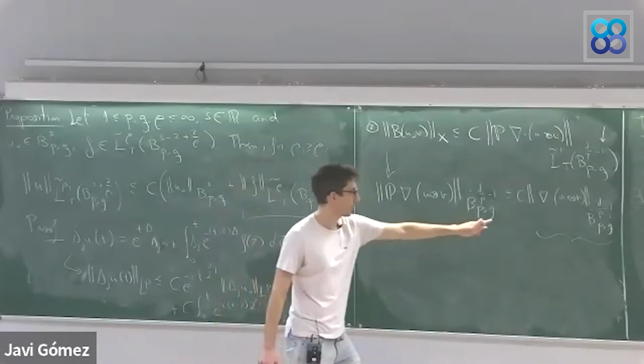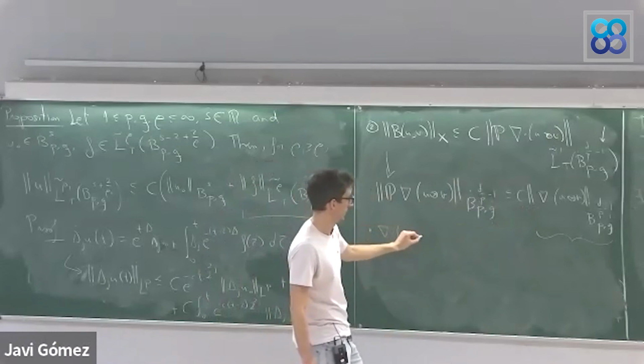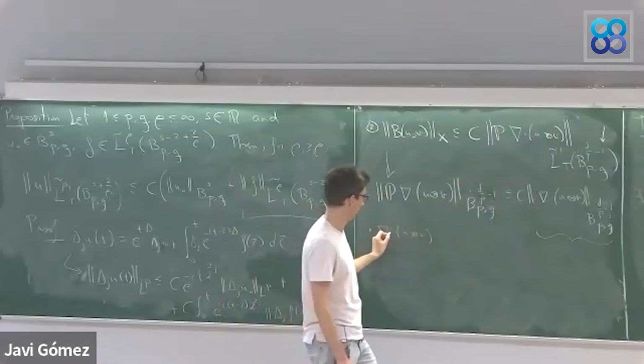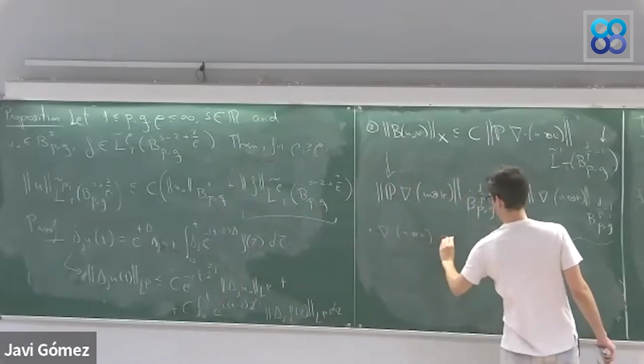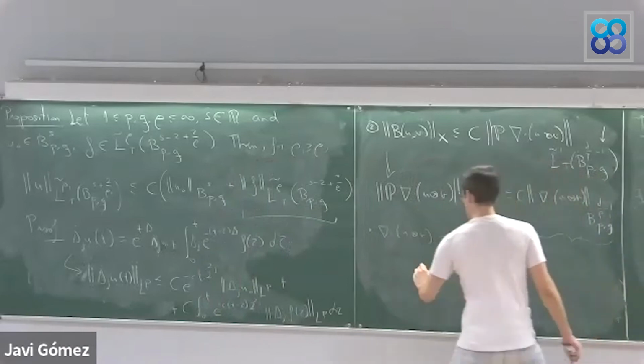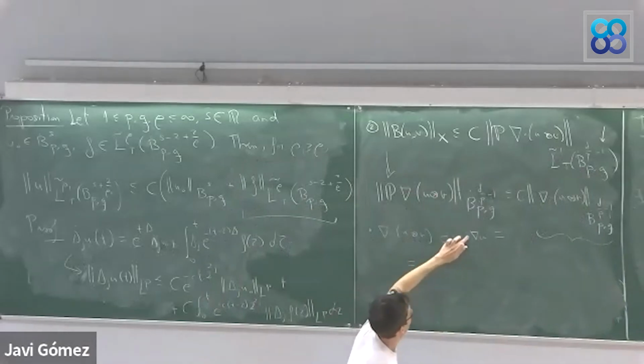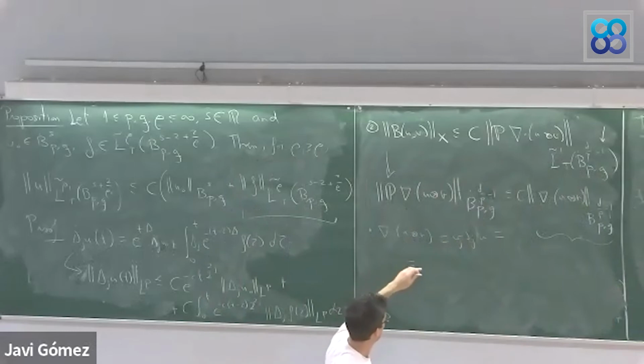So first, I write this, dj partial j, and I will introduce the product and the remainder.